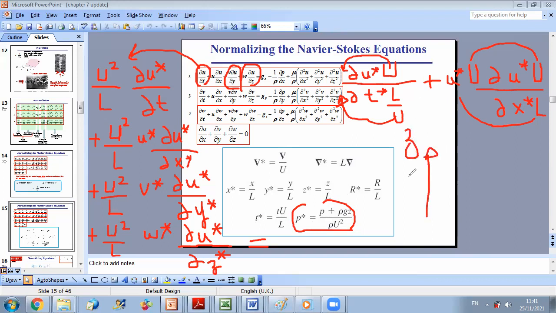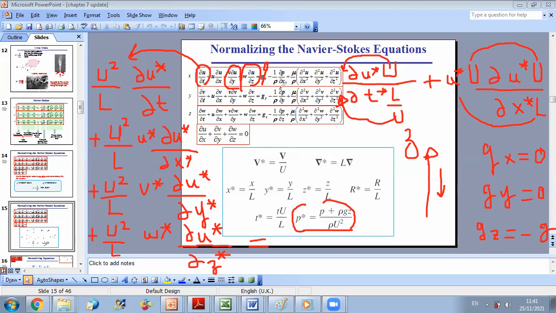If Z is the vertical axis, then the g vector is only along Z. So gx equals 0, gy equals 0, and gz is minus g. So gx is 0, and I can replace it directly by 0.